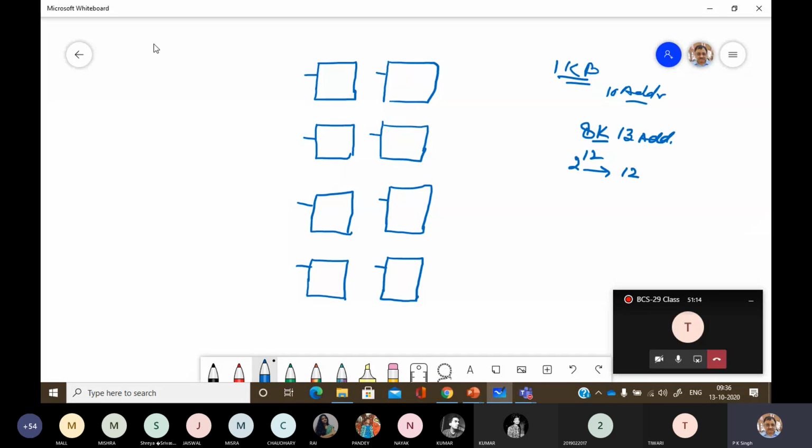So just see your MAR, if you consider word addressable memory, in that case it is 12-bit. In this, 10 bits are directly connected with the address lines of each chip, like this.